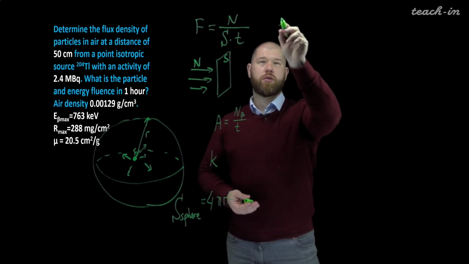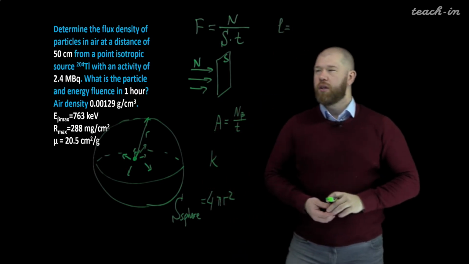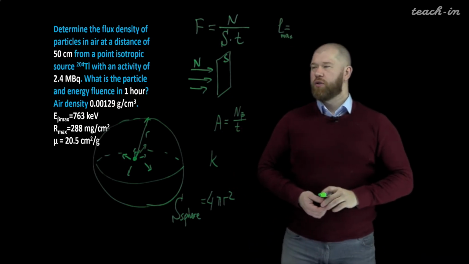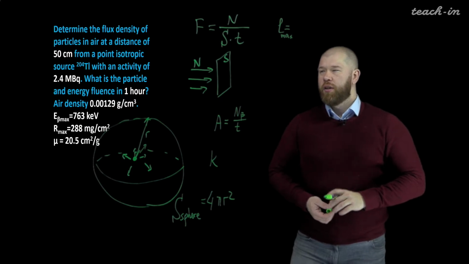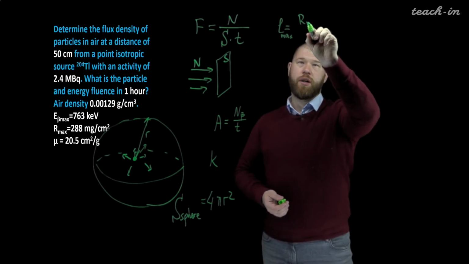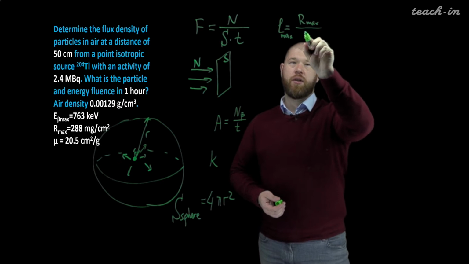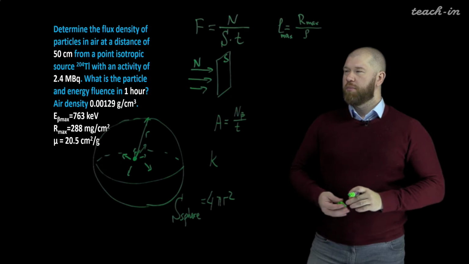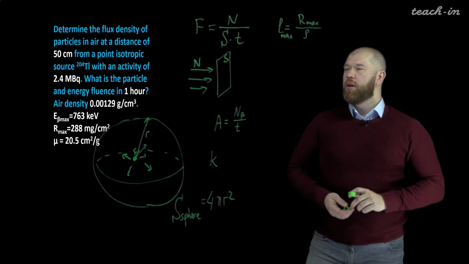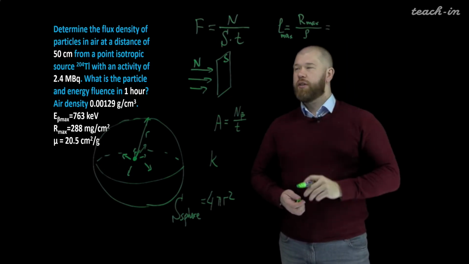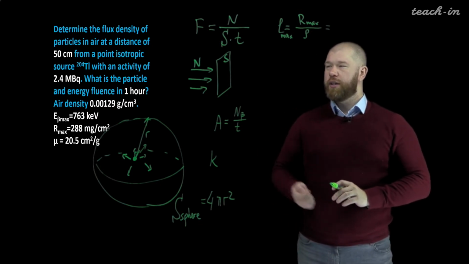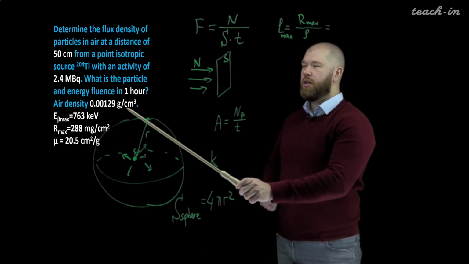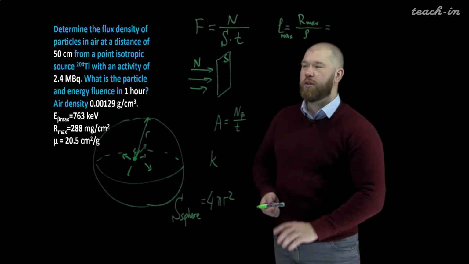We will calculate the linear distance or linear maximum range for our beta particles. It will be simply the maximum range divided by the density of the material where beta particles are going through. And for us, it is air, and we know the density of air that is equal to 1.29 milligrams per cubic centimeter.